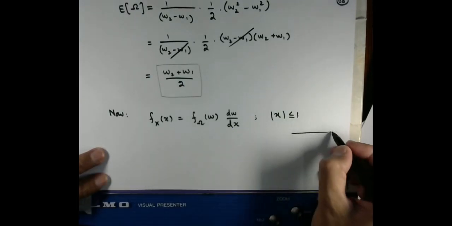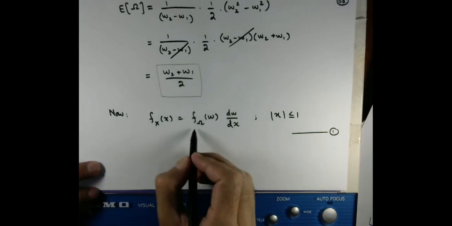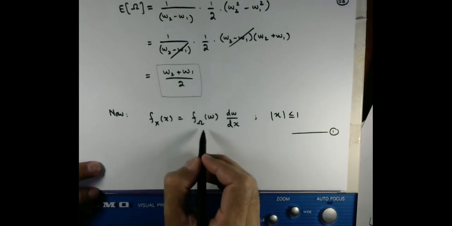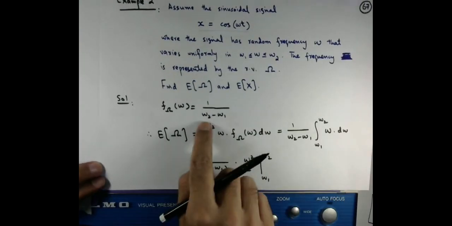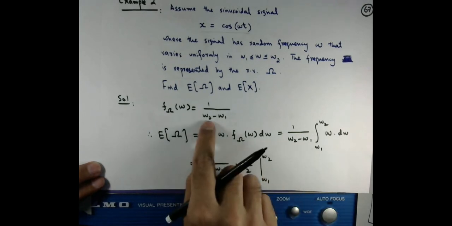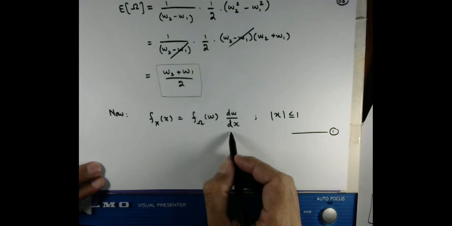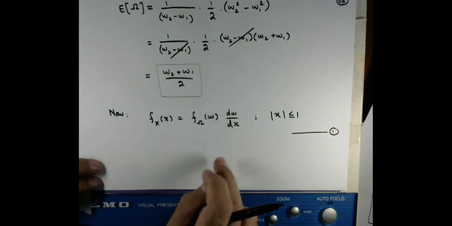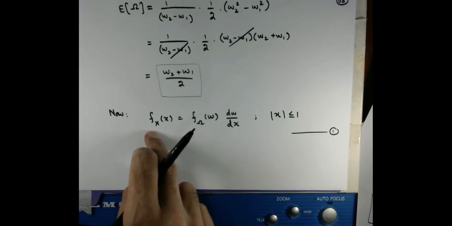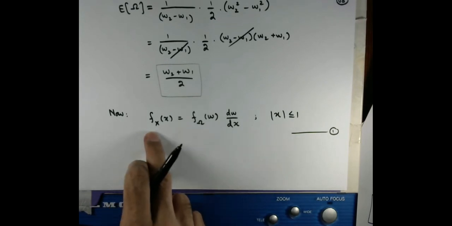So say this is my equation number 1. Now we already know this, because we know that it is uniformly distributed between omega 1 and omega 2. So we simply need to find this part of this equation, and then we plug it in and we'll find the distribution of the derived random variable x.